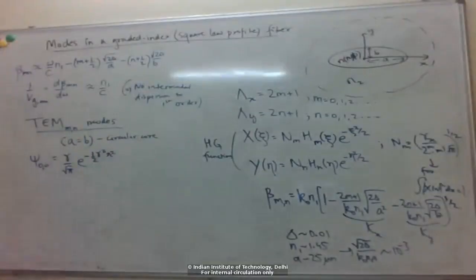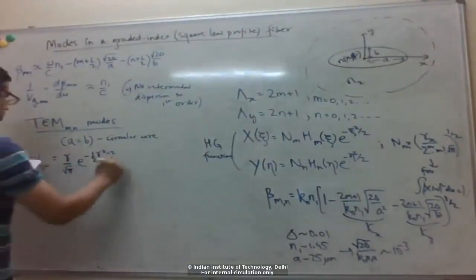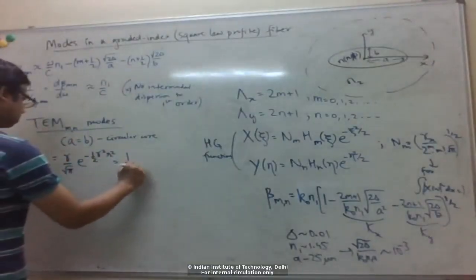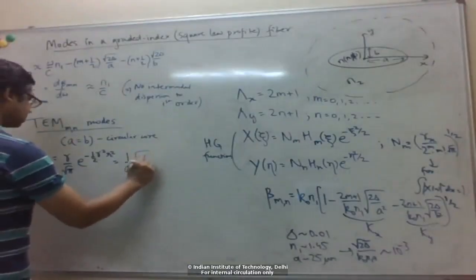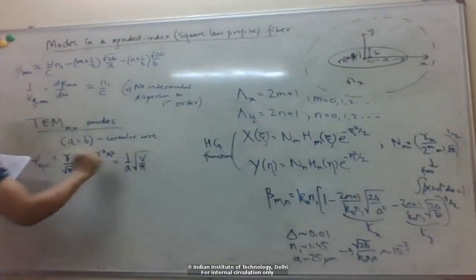So the mode profile just looks like a Gaussian in the radial coordinate. I can also write it like this. Now we have this V number.